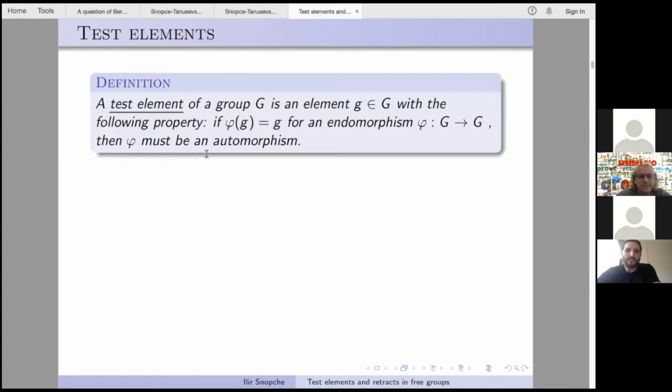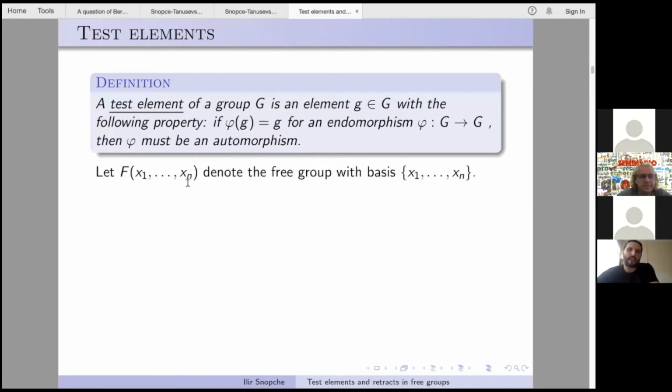Okay? So actually the idea here is to distinguish automorphisms among all endomorphisms by means of their action on a single element, which is called the test element. And this notion was introduced by Shpilrain in 1995. But actually the first example of a test element was given to us by Nielsen more than 100 years ago.